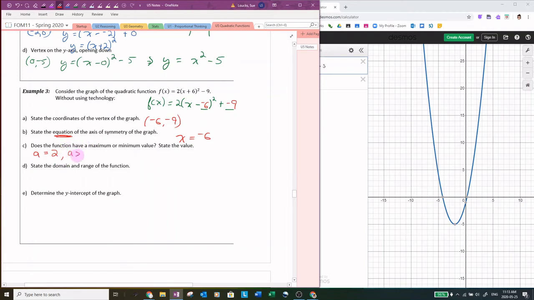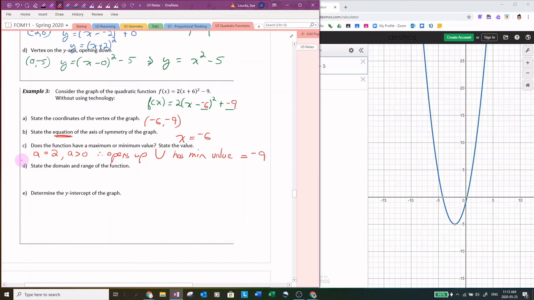So a is greater than 0. Therefore, it opens up. And if it opens up, it has a minimum value, which is the y value of the vertex, which is -9.